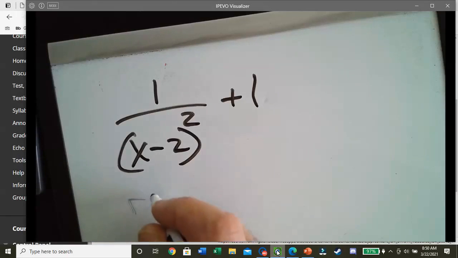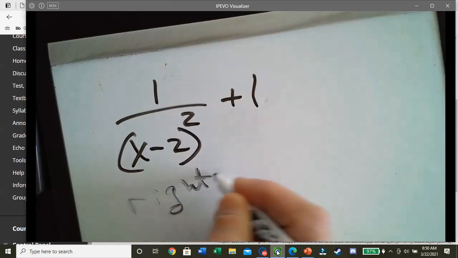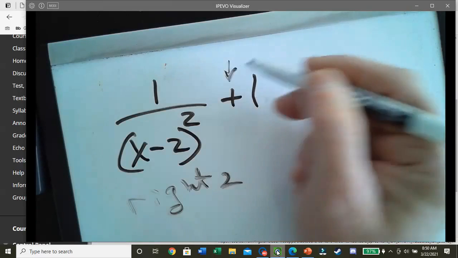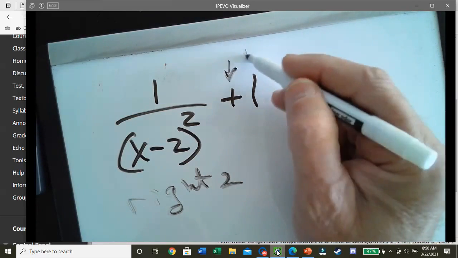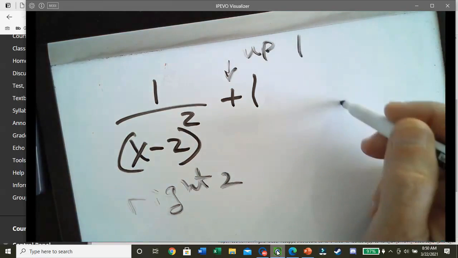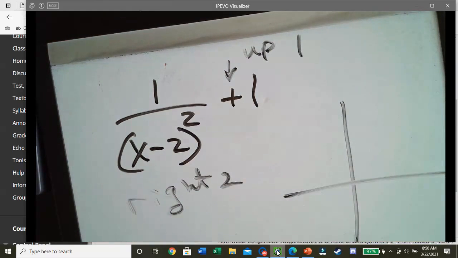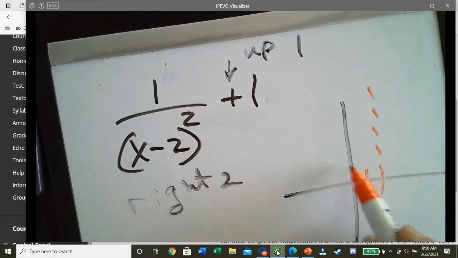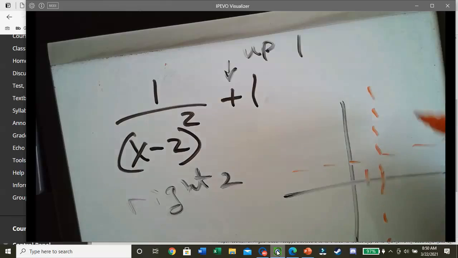It's going to shift right, because it's opposite inside the parentheses, right? Right 2. What's this going to do? Up 1. So now, this will be right 2. So your vertical asymptote's at 2 and up 1.